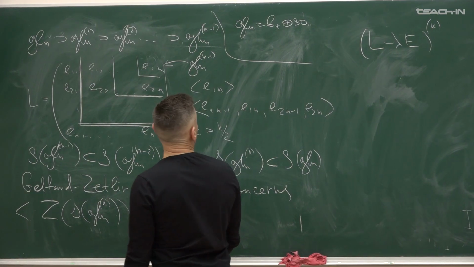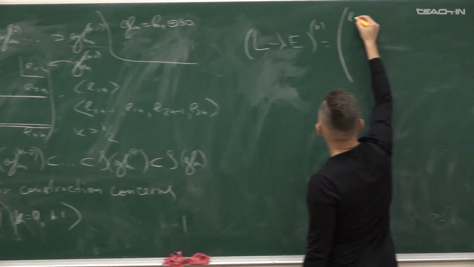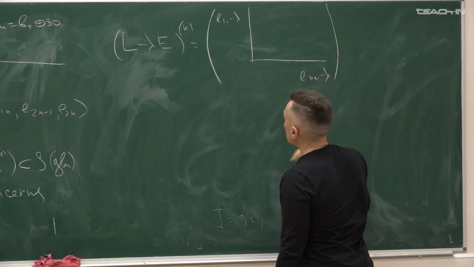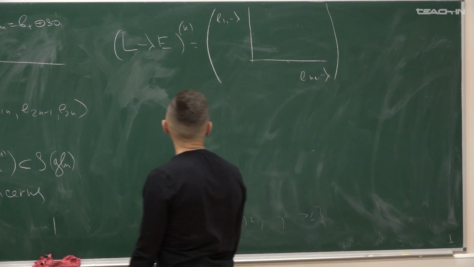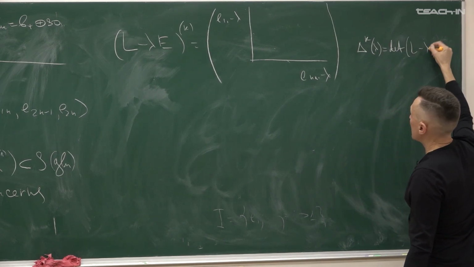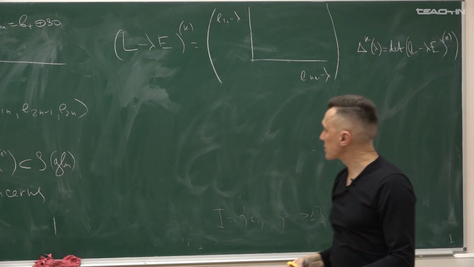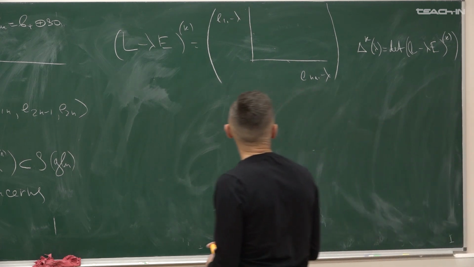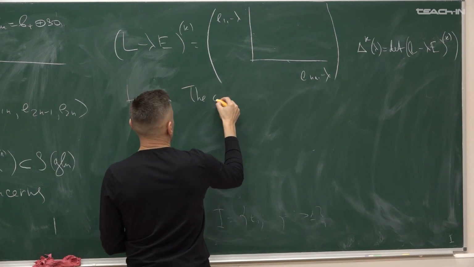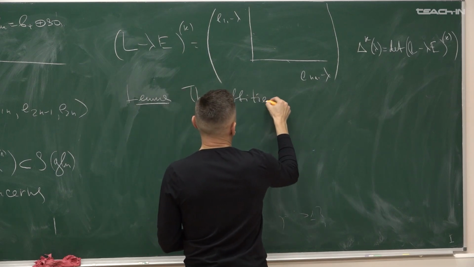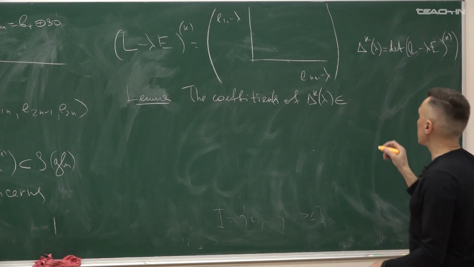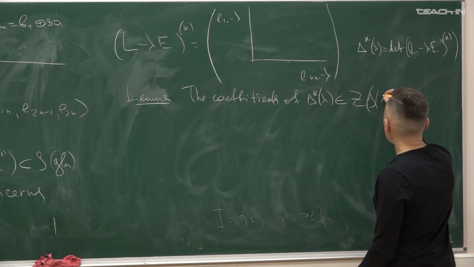We just consider E11 minus lambda, up to En minus lambda, and its submatrices. We define delta_k of lambda as the determinant of the k-th submatrix of L minus lambda E. So my statement, the lemma, is that the coefficients of delta_k are elements of the centers Z of S of gl_k.